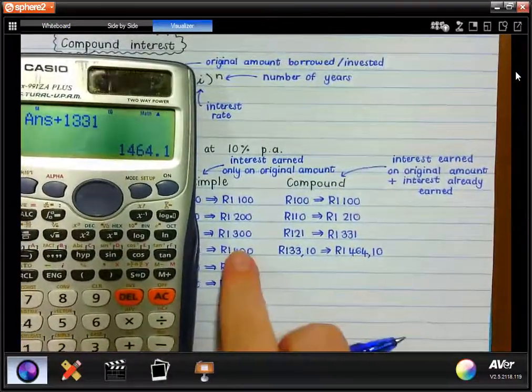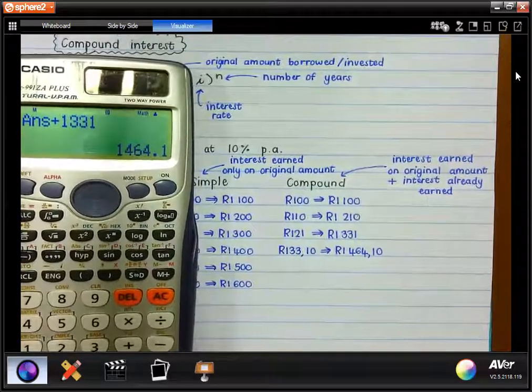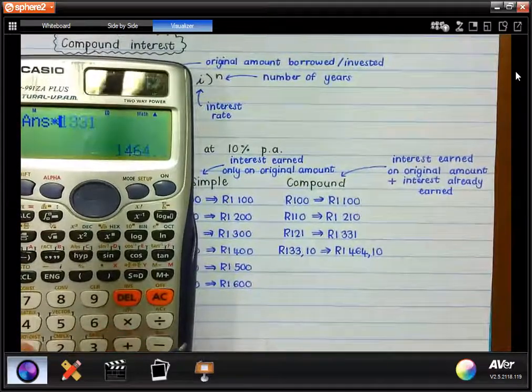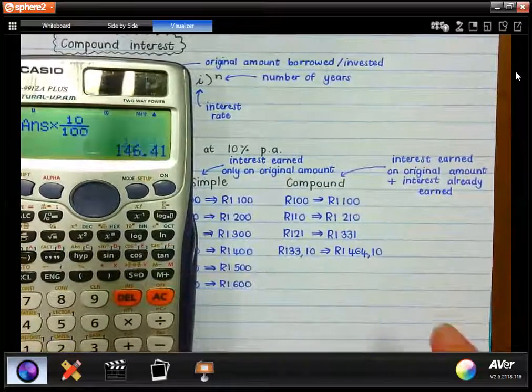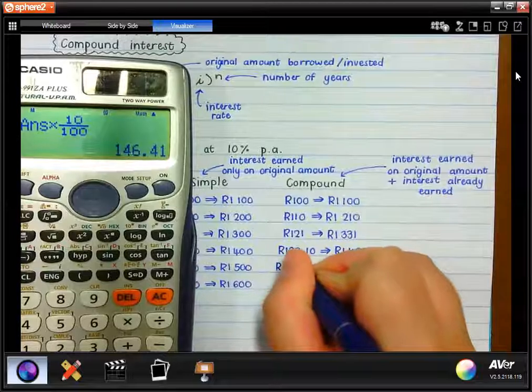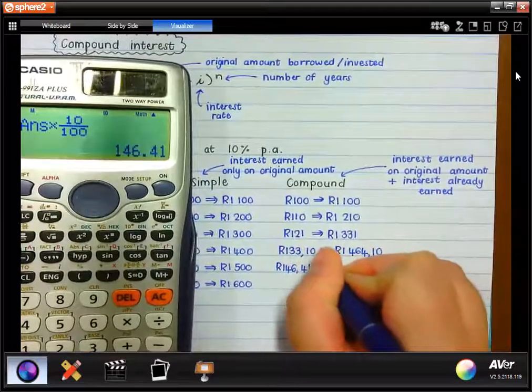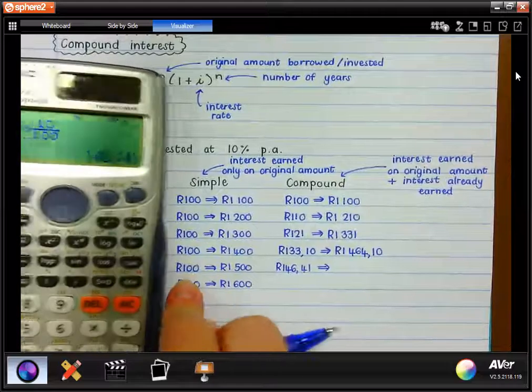Do we see how much bigger that difference is becoming between the two types of interest? Next year, we're going to earn 10% of this new amount that we have. So now we're going to earn 146 rand and 41 cents compared to 100 rand on simple interest.